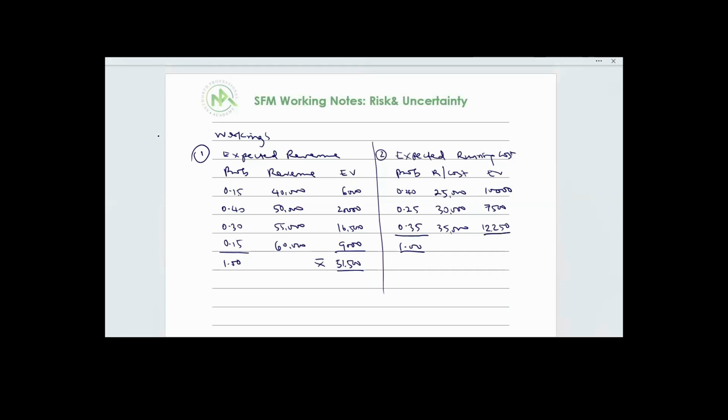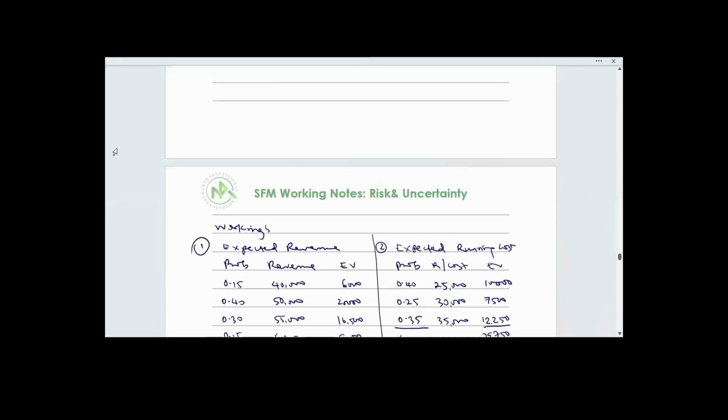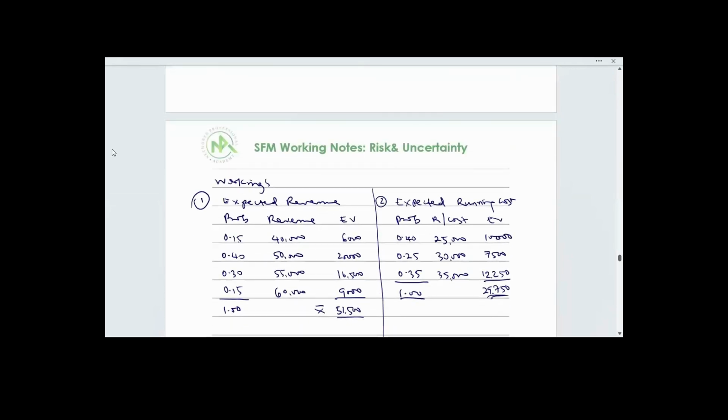Add it up, that's 29,750. So now that I have the expected revenue and the expected running cost, I can proceed to calculating my NPV. So 51,500 and 29,750.